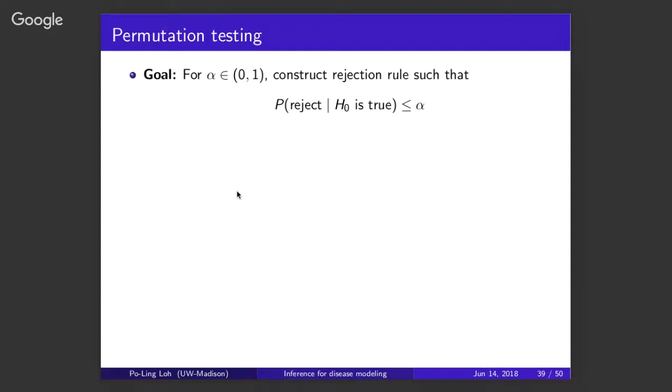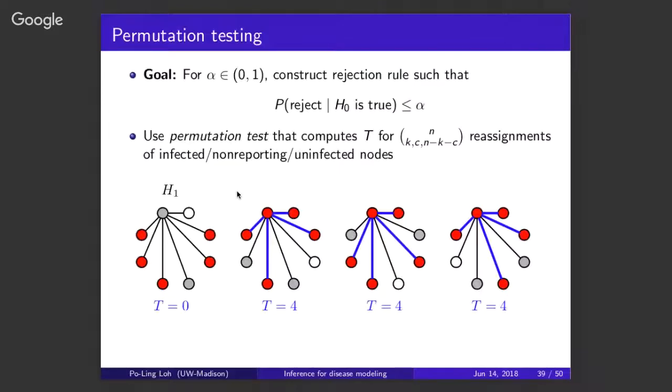Well, what we decided to do is something based on permutation testing. And let me describe what permutation testing means. Let me remind you, what we have is just the figure on the left. The figure on the left is telling us, we have a particular graph that we're hypothesizing, and we have a bunch of nodes that are infected, and that's it.